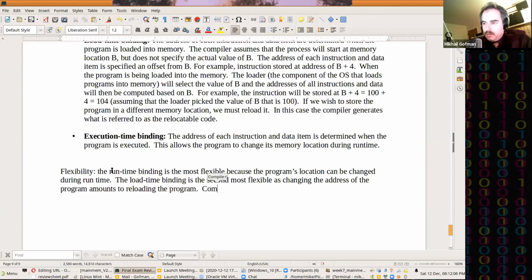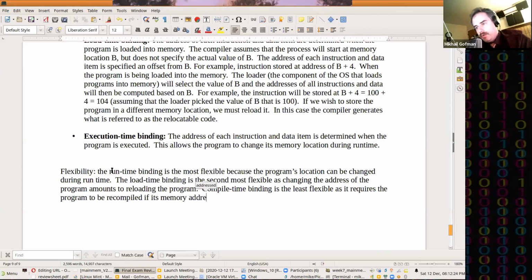And then compile time binding is the least flexible, as it requires the program to be recompiled if its memory address is to be changed. Okay, so this is the flexibility. Now, in terms of efficiency, let's talk about efficiency.